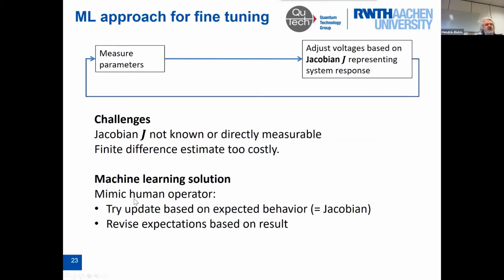Namely, one tries an update based on the expected behavior, that would be the current best guess of the Jacobian, and then sees what comes out and revises these expectations, meaning the statistics or the probability distribution representing the Jacobian, based on the result, and then uses the intrinsic updates or the steps one does anyway to update the Jacobian as one moves along.